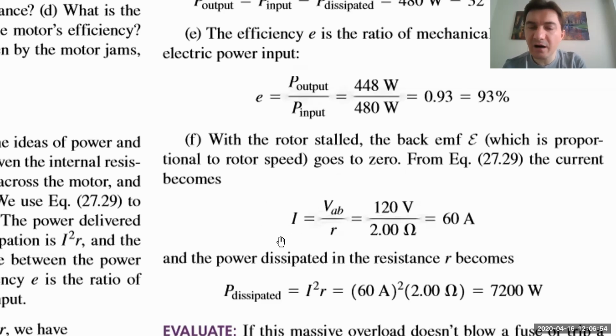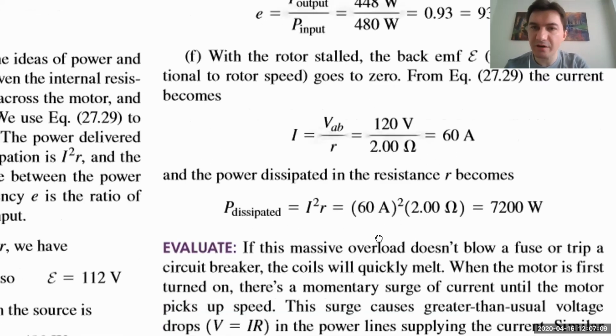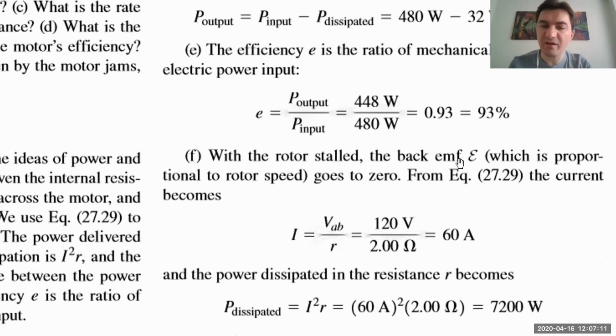Then the current within the complete system will be like this. This is the potential difference already given. This is the internal resistance of the system. And the current in the system will be 60 amp, okay? If there is no back EMF, because it is stopped, then the power dissipated will be completely different.